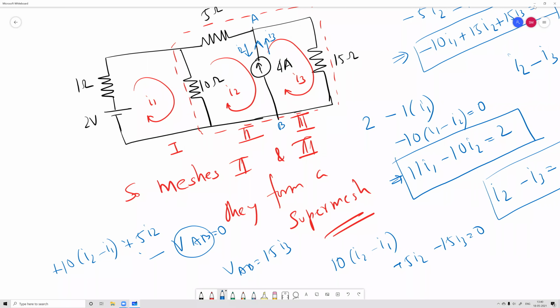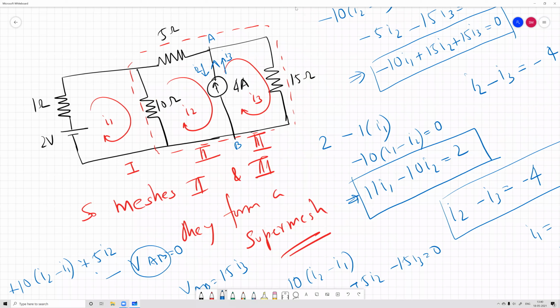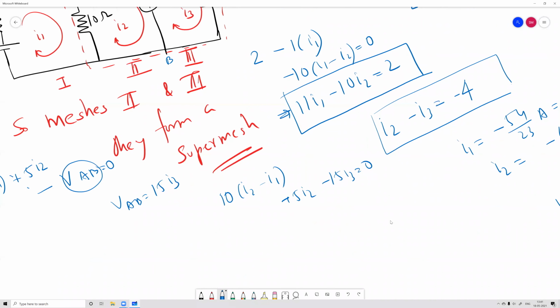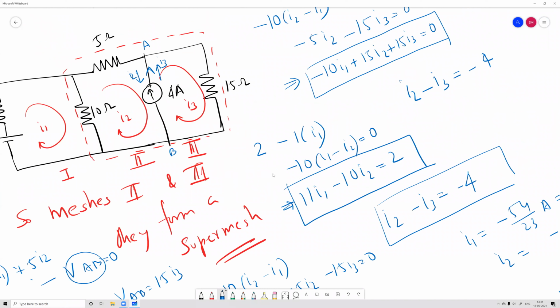Probably it is the same equation, right? See, the same equation you got. And the third equation will also be the same: I2 minus I3 is minus 4 amps. If you take this way, it becomes easier to understand.